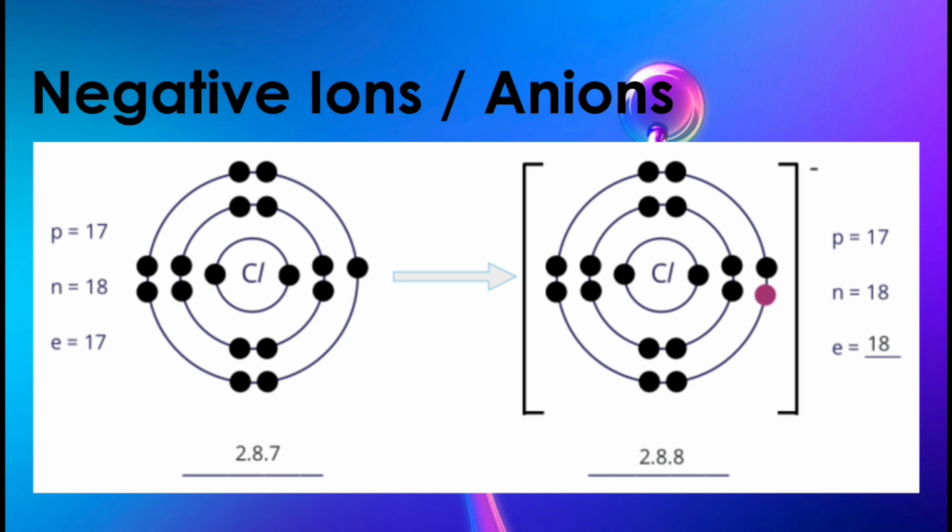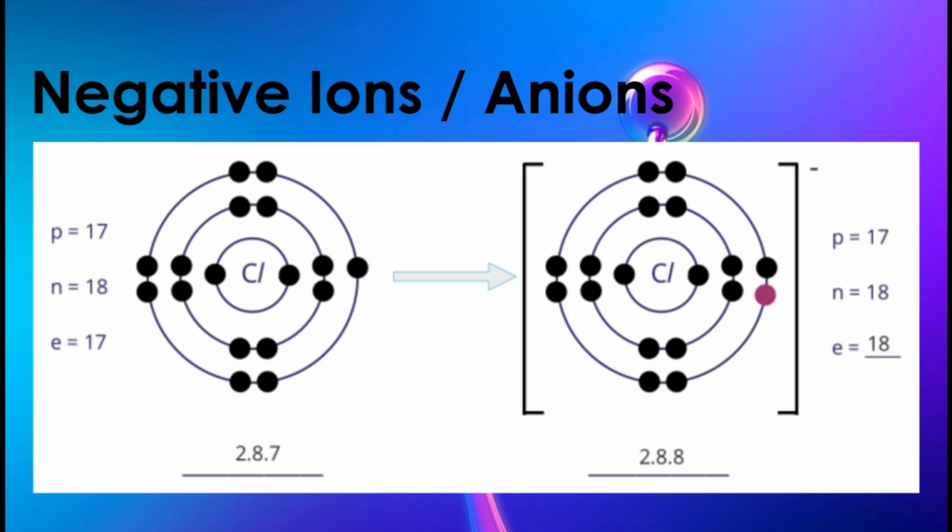That's why the chlorine atom has 7 electrons in its valence shell. It needs 1 more electron to complete its octet or to get stability. So this chlorine atom will gain 1 more electron. As you can see here, after the gaining of the electron, 1 electron is represented by a pink circle.